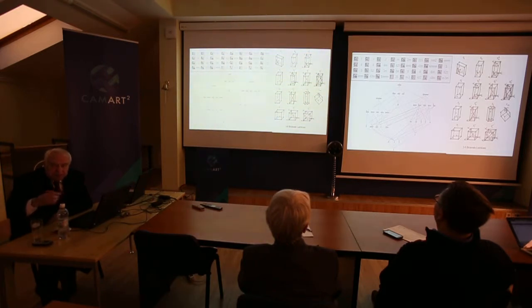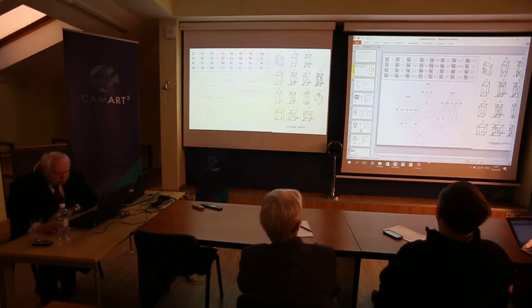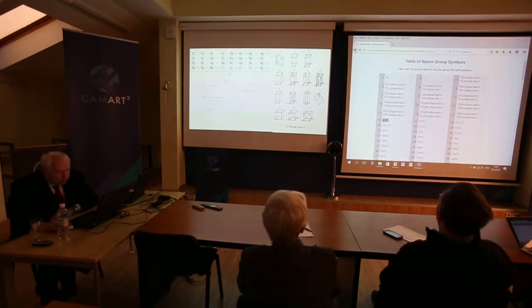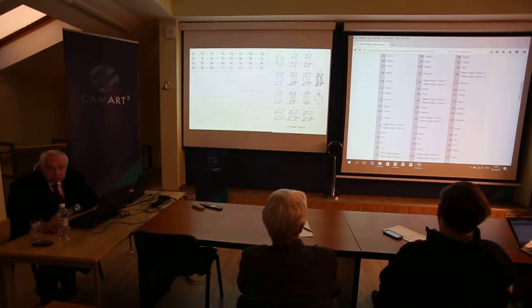When the lattice type changes, of course, the space group itself also changes, and therefore we will see now how many space groups you have with orthorhombic lattices. From 16 till 74. 4 types of lattices.